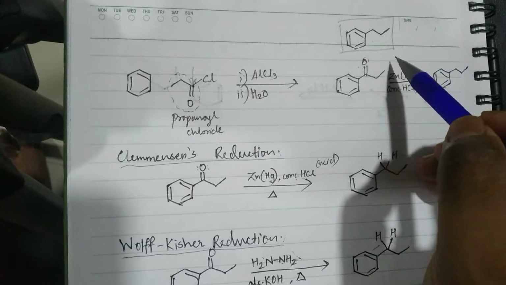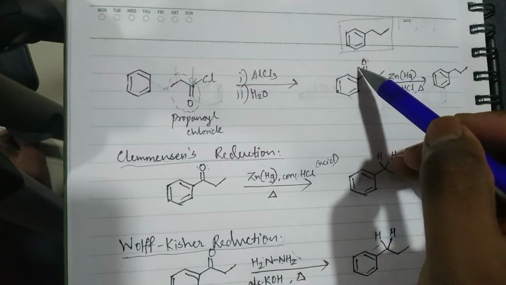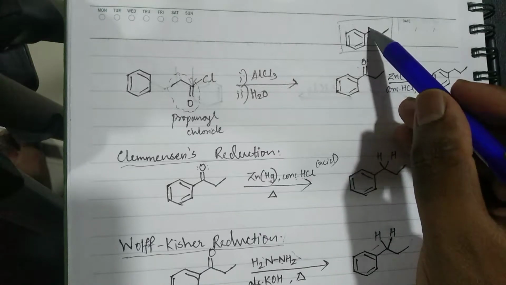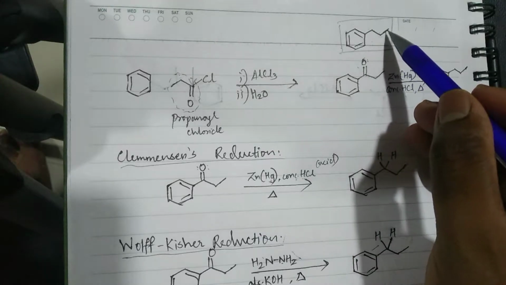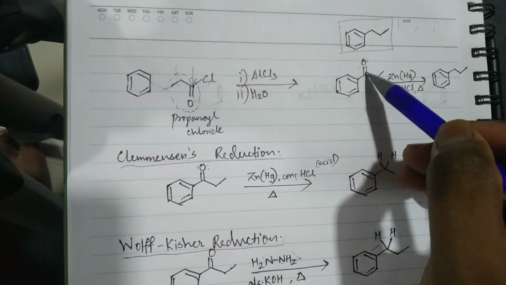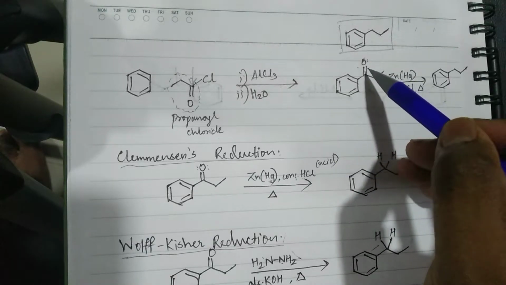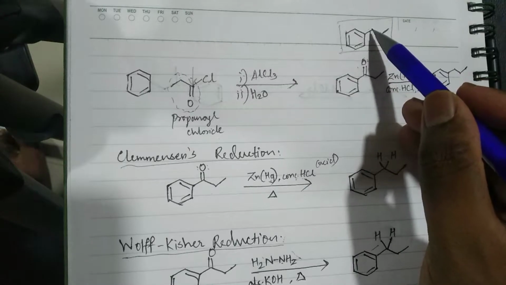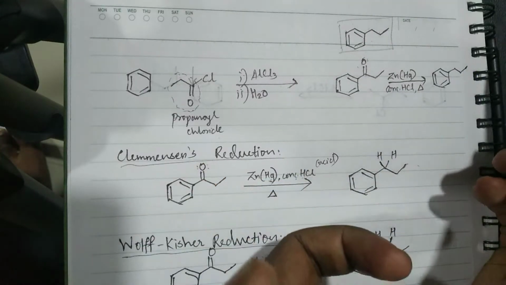Now suppose I remove this oxygen and put 2 hydrogens here, correct? CH2, CH2, CH3. Right now I have C double bond O, CH2, CH3. So instead of this oxygen, if I put 2 hydrogens, then the problem is solved.